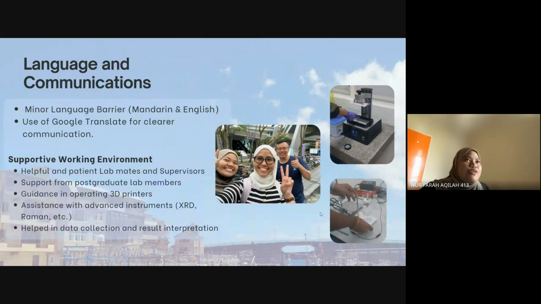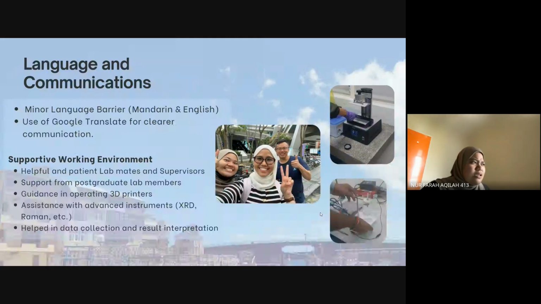So whenever you try to talk to them, they will try to think of the words, or for easier and clearer communication, they will just use Google Translate. But like I said, it's not really a bigger problem, because all of them are very helpful and very kind. They can't speak English very well, but using gestures or Google Translate, they will try to make us understand what they are trying to say.